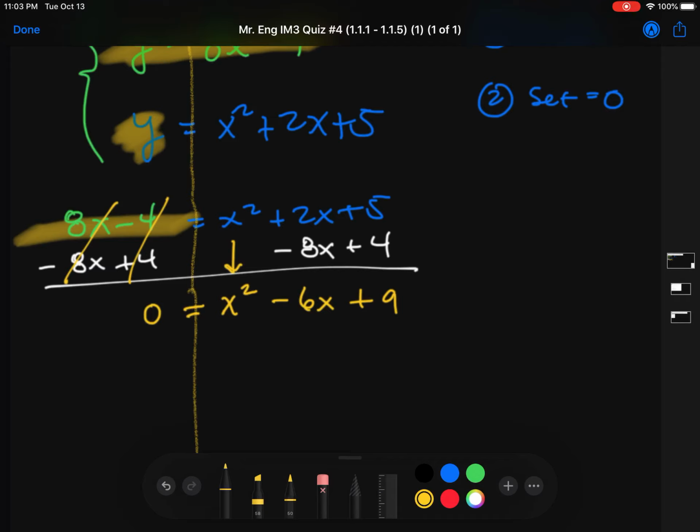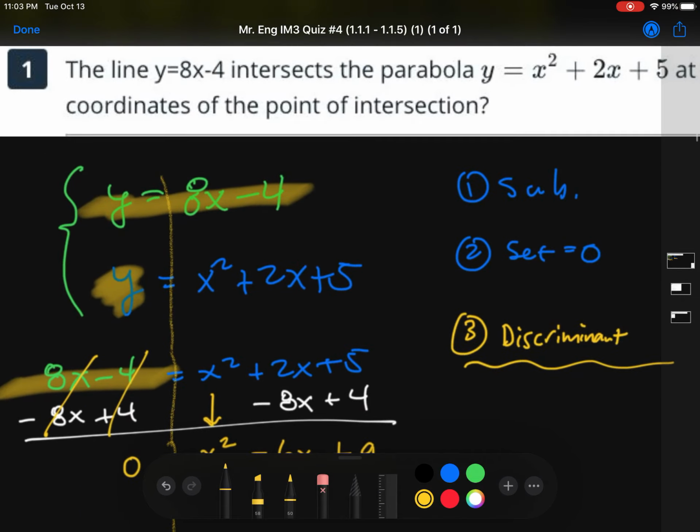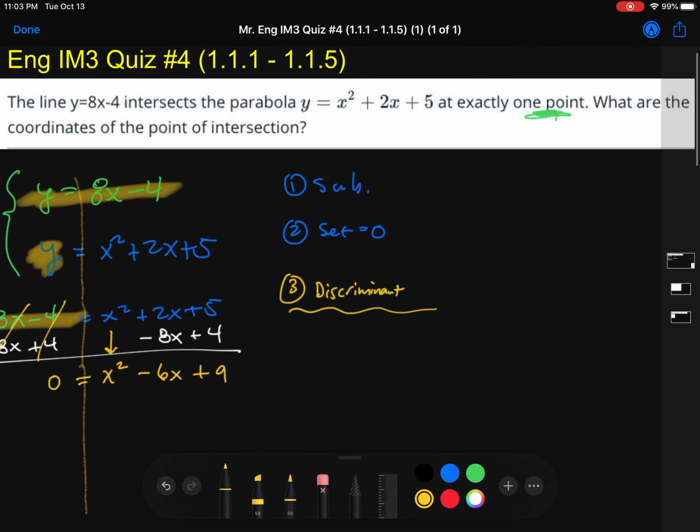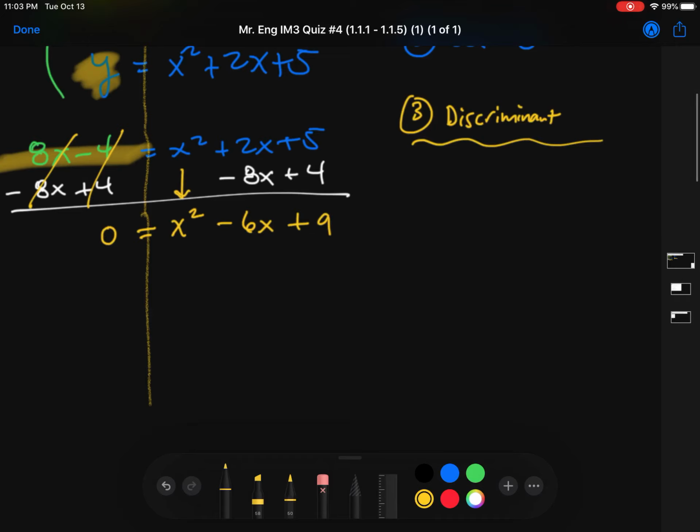Okay, what we're going to do here is use the discriminant. Now, it already told us the answer, but I want to double check why. It says up there it has 1 point of intersection, so let's prove that. You're going to use the formula b squared minus 4ac.